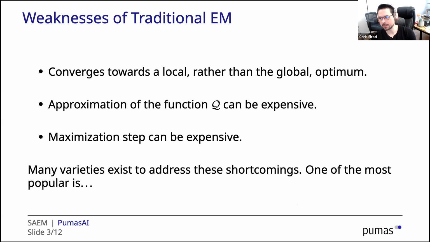Getting into the weaknesses of the traditional EM, one of them is that it converges only to a local optimum rather than the global optimum. So if you have a multimodal distribution, you might not actually find the global mode, just the closest mode. Of course, there are ways to work around this, such as multiple starts.